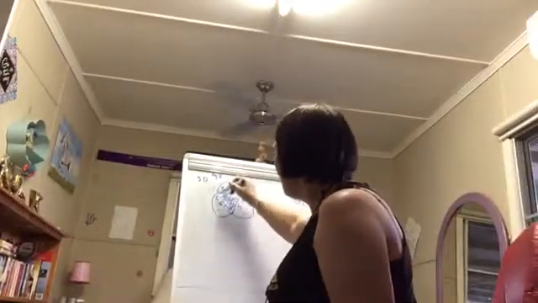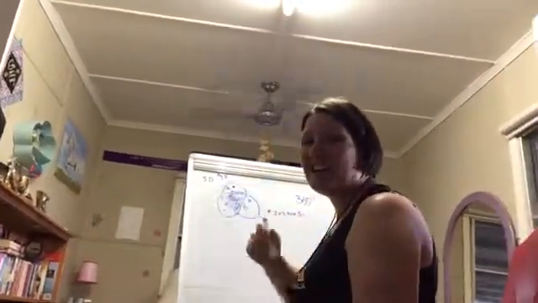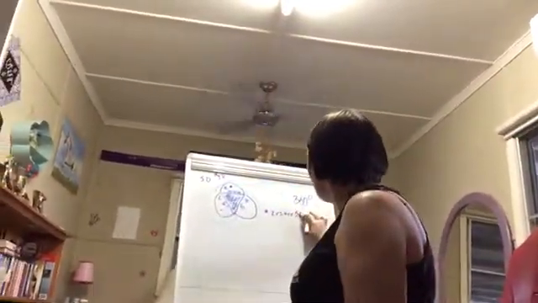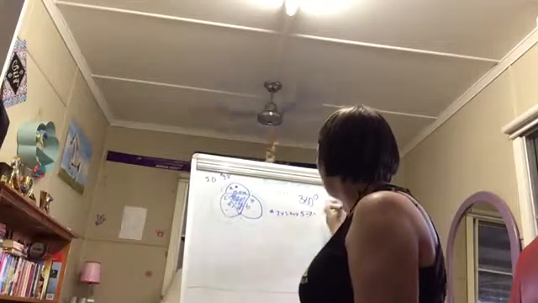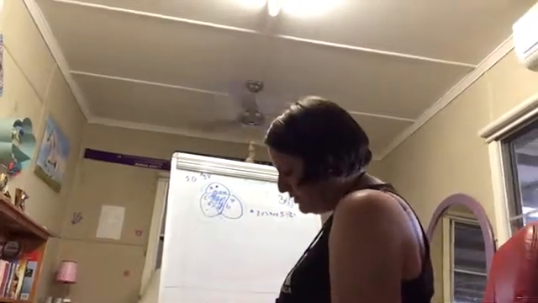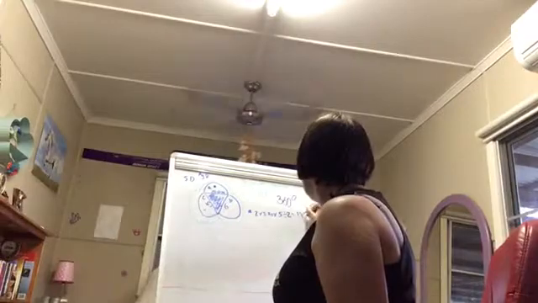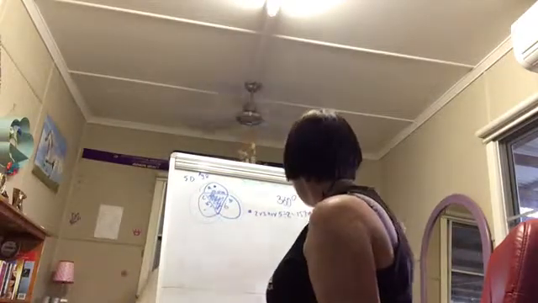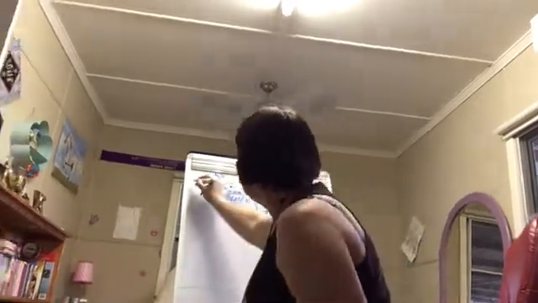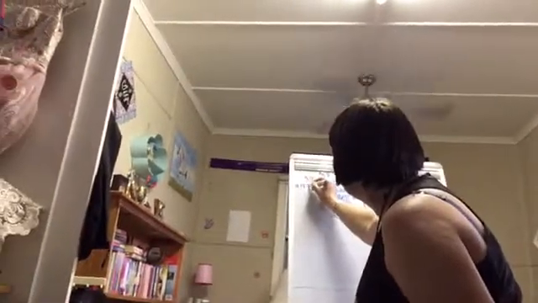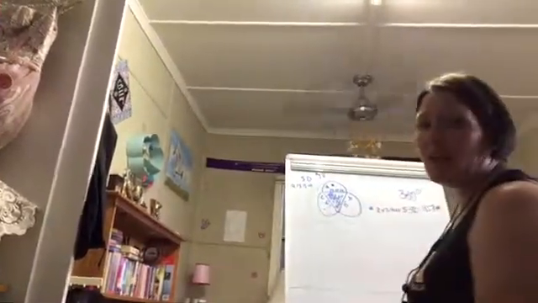Now, that would give me the one for the whole circle. I only need half of it, so I'm going to divide that by 2. Divided by 2, and that gives me 15.7 metres. So A is 15.7 metres. That's the perimeter of that.